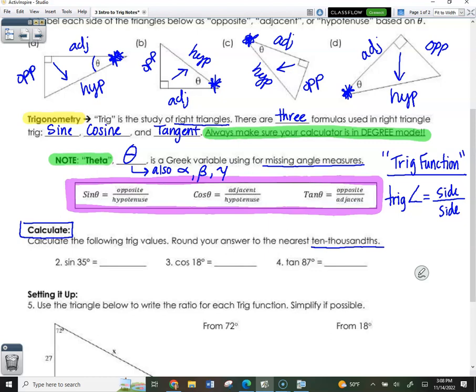Now, your previous problems, you've always rounded to the nearest 10th or 100th, right? You rarely go to the nearest 10,000ths. We're going to the nearest 10,000ths because trig actually revolves around something called the trig tables. Back before graphing calculators, they had to use trig tables to answer these problems.